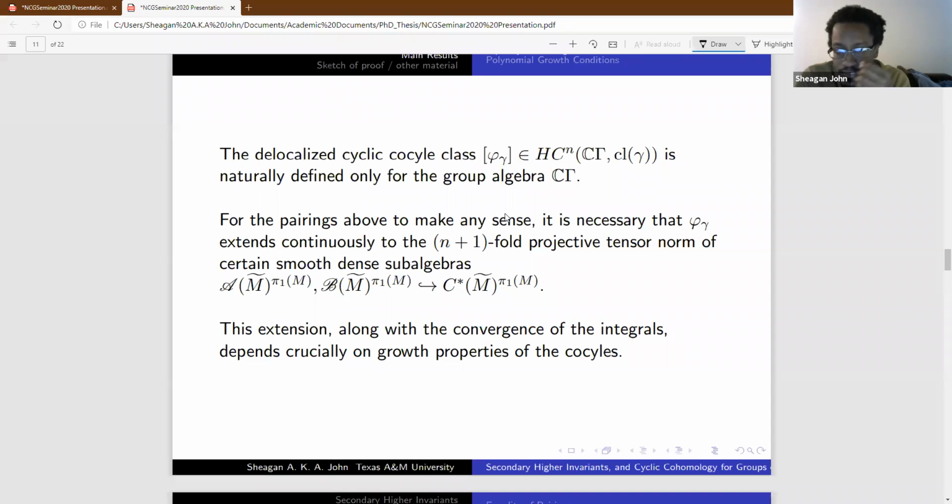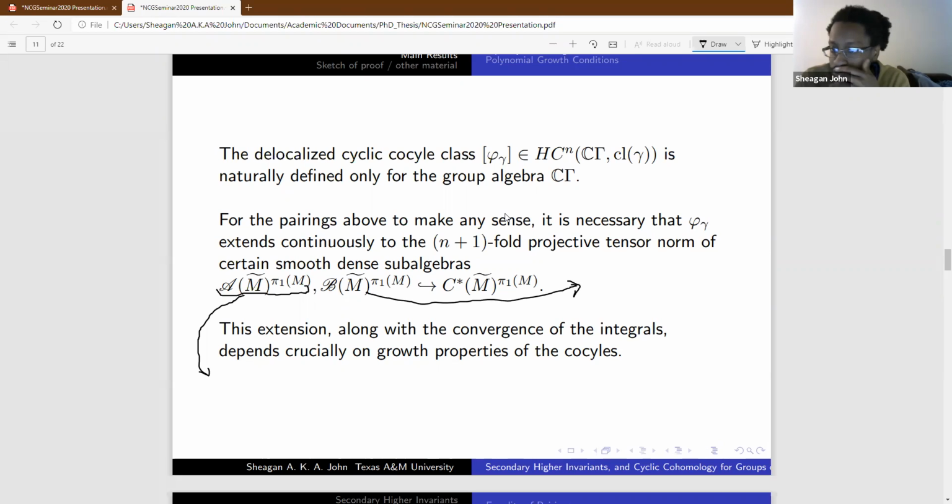So I'll just mention that in my particular case, this algebra is essentially the algebra which was created by Connes and Moscovici, which uses certain rapid decay matrix elements.